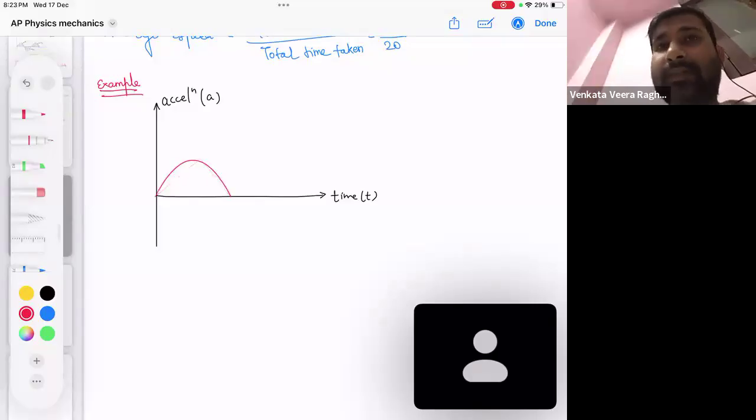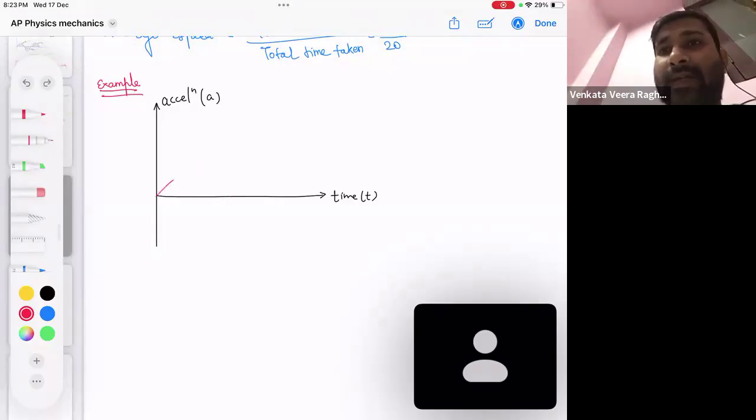This part is a straight segment, this part is a straight segment, and this part is also a straight segment.